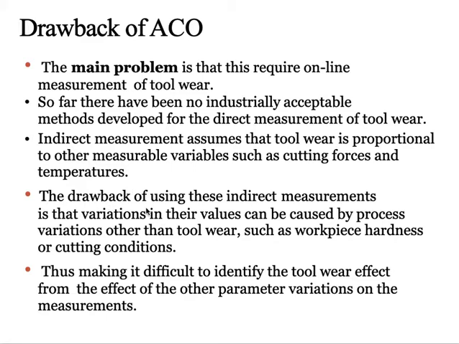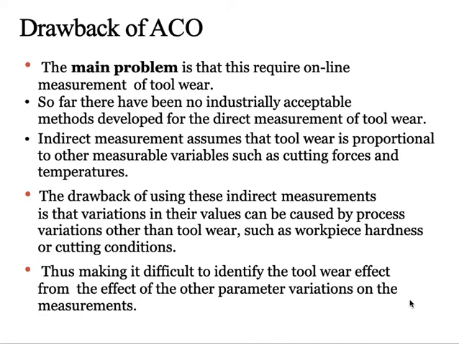The drawback of using these indirect measurements is that the variation in their values can be caused by process variations other than tool wear, such as workpiece hardness or cutting conditions. Thus, making it difficult to identify the tool wear effect from the effect of the other parameter variation on the measurements.